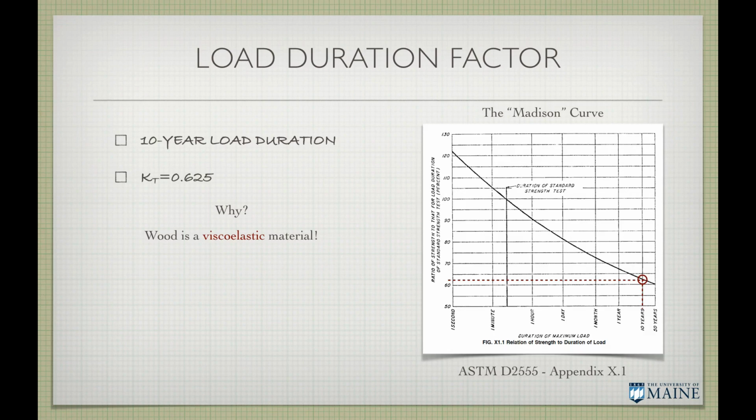This is the result of lots of work by lots of people all over the world. There are other curves. The British use a different curve. The EU, the Canadians use a slightly different curve. But they're not that different, but there are different curves out there. We use the Madison curve.